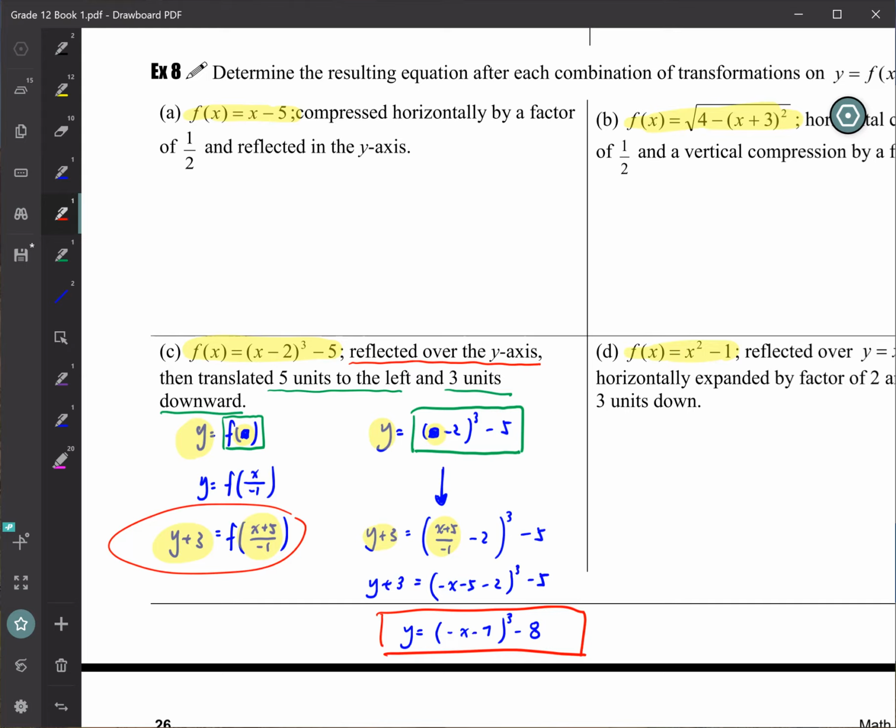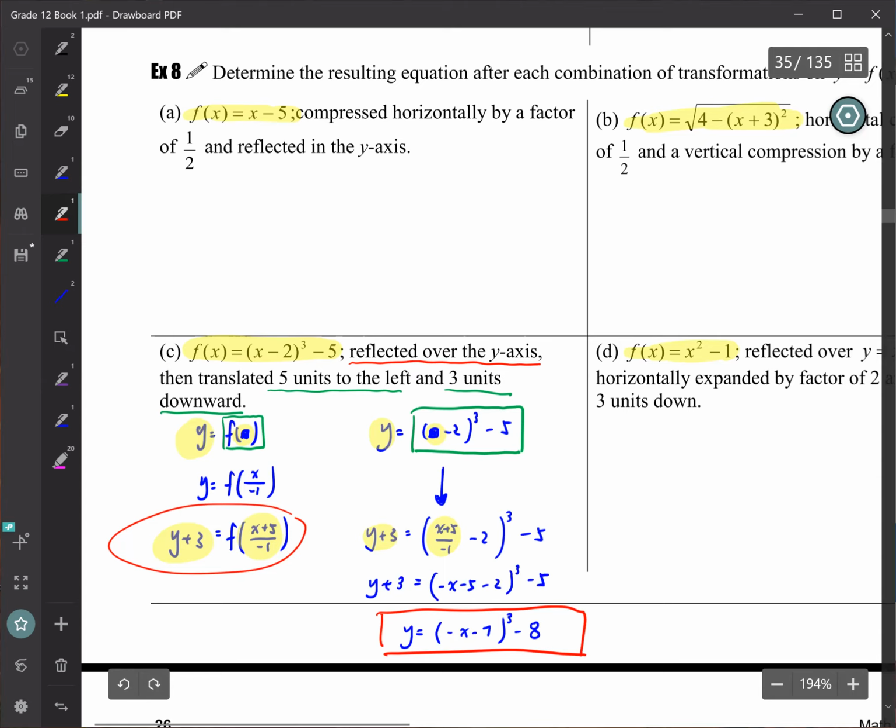Is there any step where you got lost here? I got the first part, but I didn't do the second part. So I got y plus 3 equals f of x plus 5 over -1.